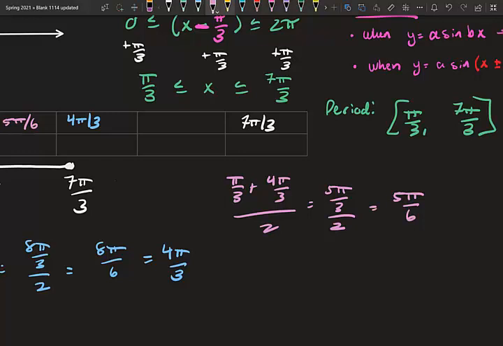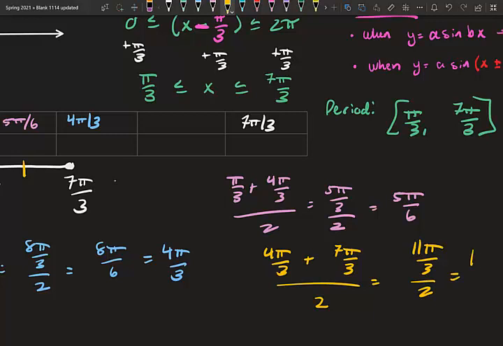And then our last quarter point: we have 4 pi over 3 plus 7 pi over 3, divided by 2. That's 11 pi over 3 divided by 2, or 11 pi over 6.